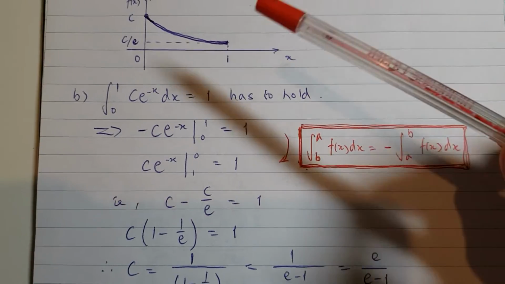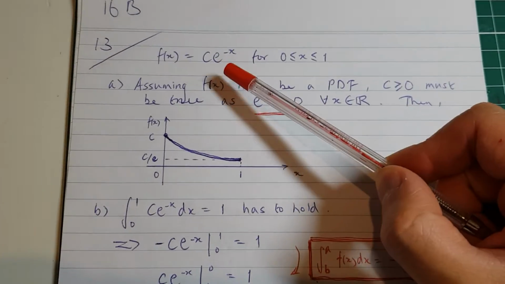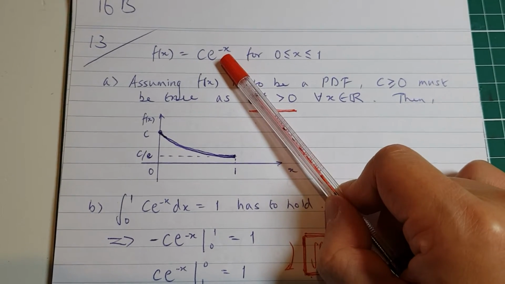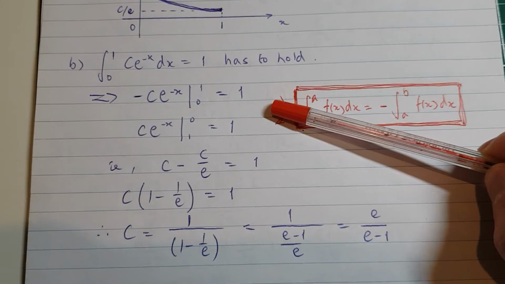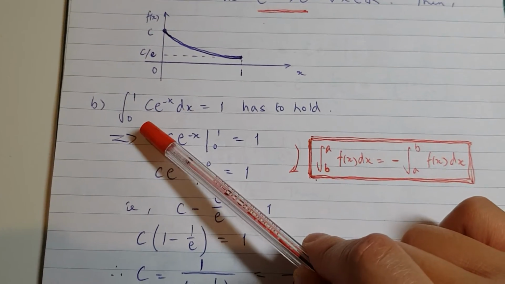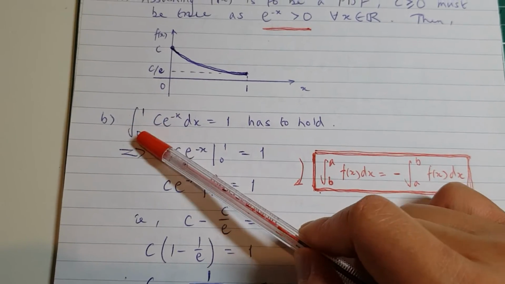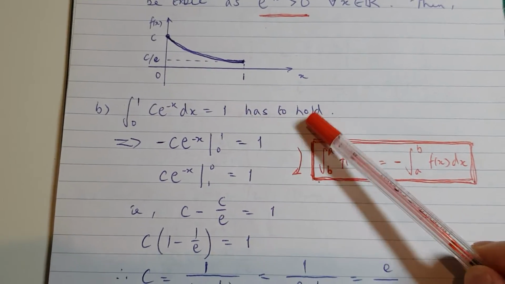And part B. Now, we've ticked off the very first condition of a function being a PDF, which is that it has to be positive. And part B is to fully prove that it's a PDF. We're going to have to show that the integral from 0 to 1 of that little f of x is equal to 1. So that has to be true.